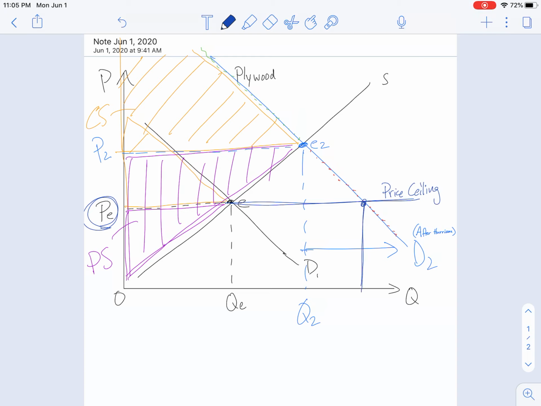how many people want to buy plywood? So the quantity demanded with the price ceiling, right, is way over here, because at PE, after the hurricane, people on the demand curve all the way down here want to buy plywood. How many sheets of plywood are available? Well, is there Q2? Is there this amount here that corresponds to E2? No. At this lower price, you look at the supply curve.